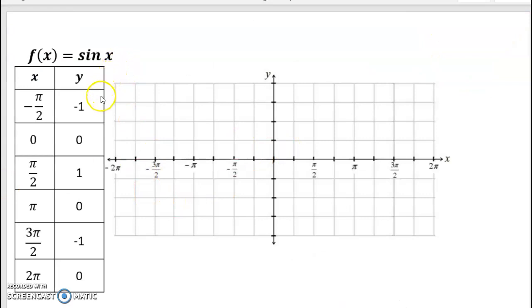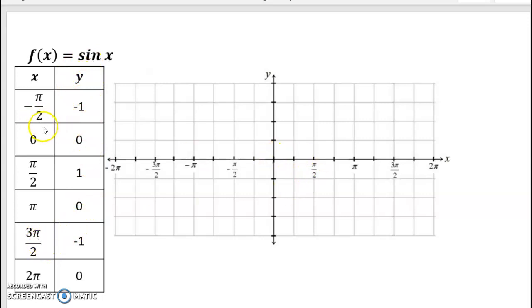So in lesson 9, we talked about these points. This is just taking exactly what I had on the previous slide. I'm at 0, 0. Then at pi over 2, or at 90 degrees, we're at 1, because you're straight up. Then at 180 degrees, that would be straight to the left, back to 0 for our y value.